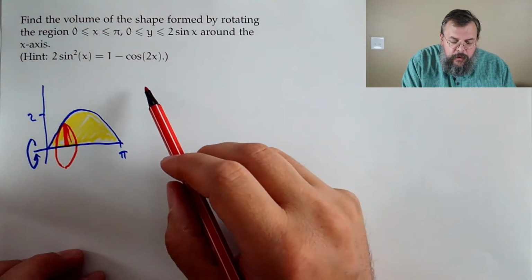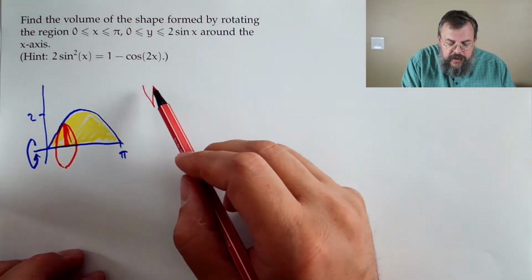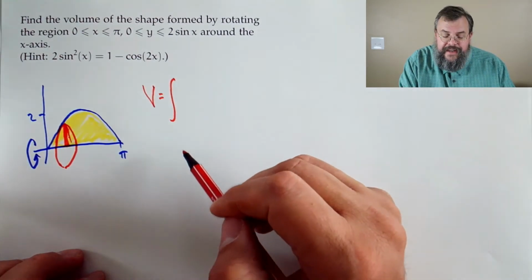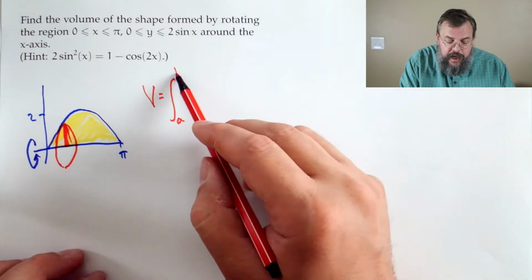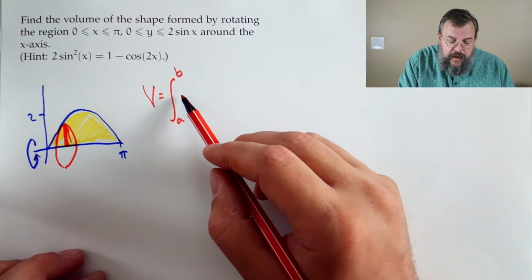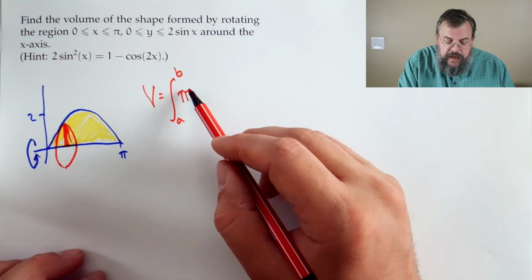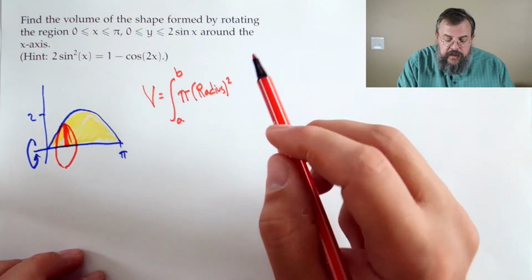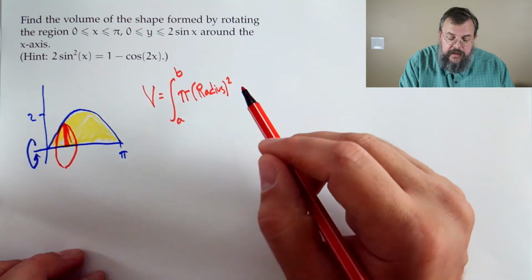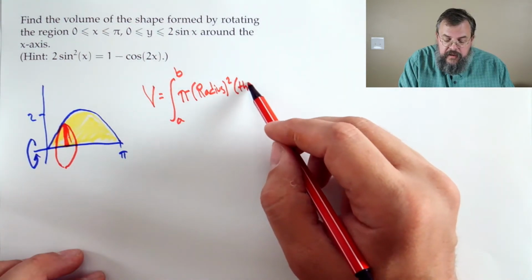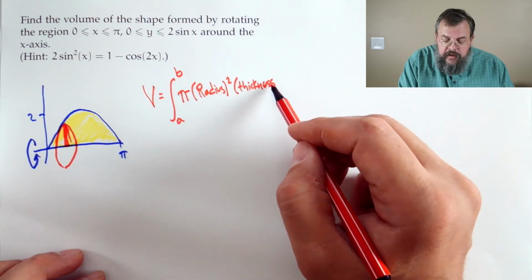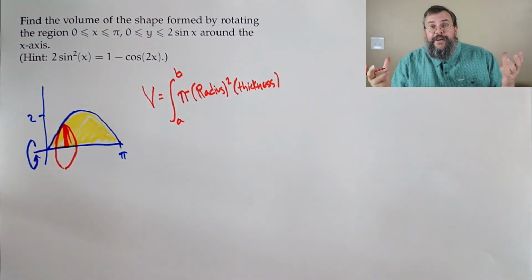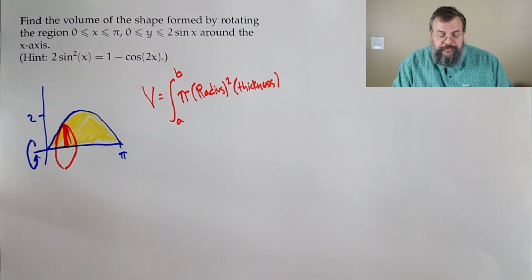All right, so what's the formula for the disc method? Well, we're going to add up, which means integrate, start to stop of little circles. So pi, a radius squared, it's really our area, and then to make it a disc, add a thickness. So we have an area times a thickness, that's a volume. We're adding up our volumes, that's our total volume.